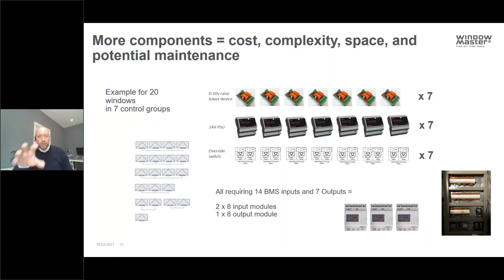And so when you look at the shopping bag that we've got for these components, we've got 7 raise/lower devices, 0 to 10 volt. We've got 7 independent power supplies for each of those groups of windows. We've got 7 switches which need to be wired back into the BMS, and that means we've got a total of 14 BMS inputs and 7 outputs, which is then going to require the relevant number of input and output modules within the main BMS panel.